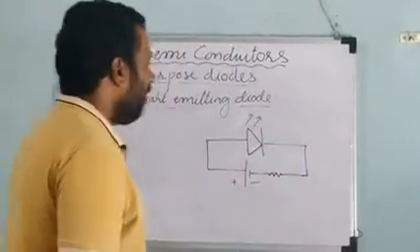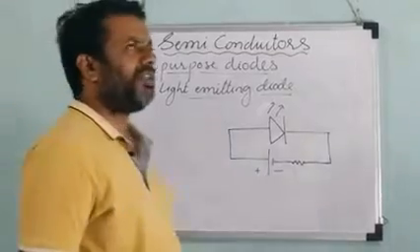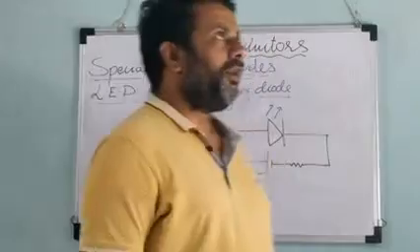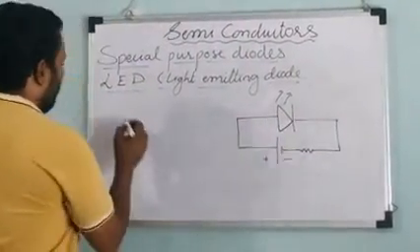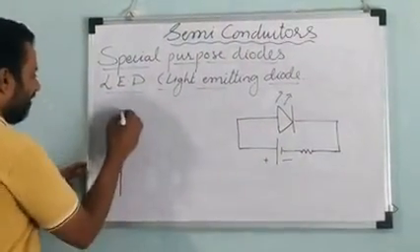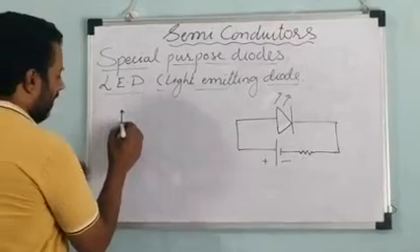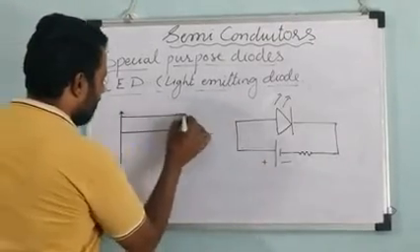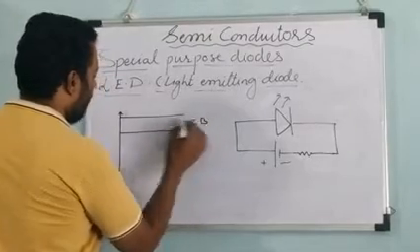Now let us try to understand what happens. See here, if you remember last time we have seen about the acceptor energy level and donor energy level. So if you remember, then that time when I was explaining, I explained that this is very important. We will see in the next class. Suppose here there is a conduction band. Okay.